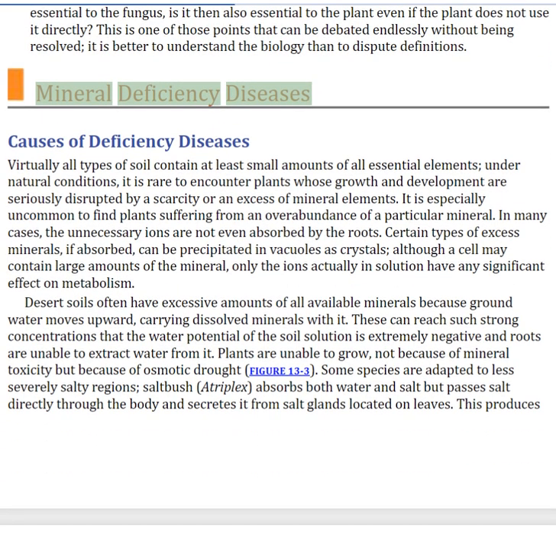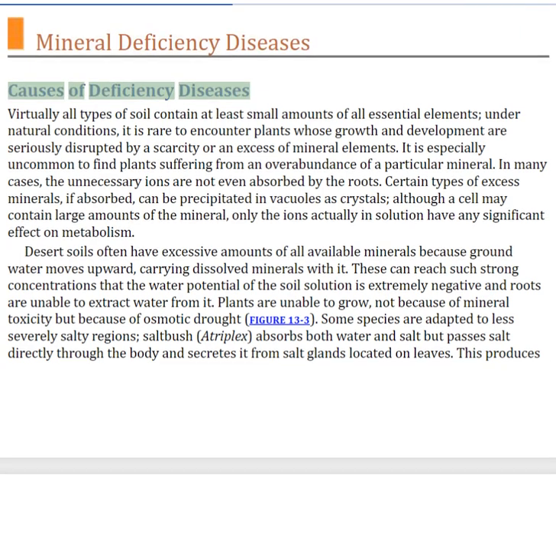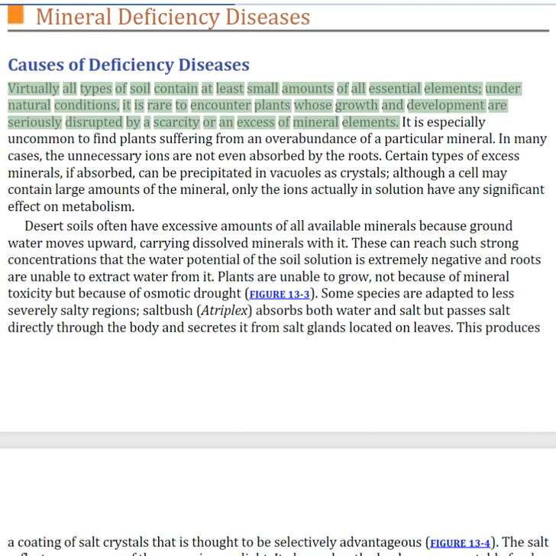Mineral deficiency diseases. Causes of deficiency diseases. Virtually all types of soil contain at least small amounts of all essential elements. Under natural conditions, it is rare to encounter plants whose growth and development are seriously disrupted by a scarcity or an excess of mineral elements.